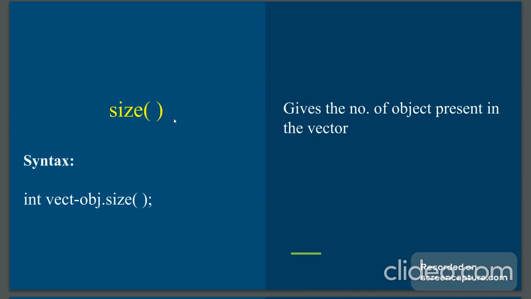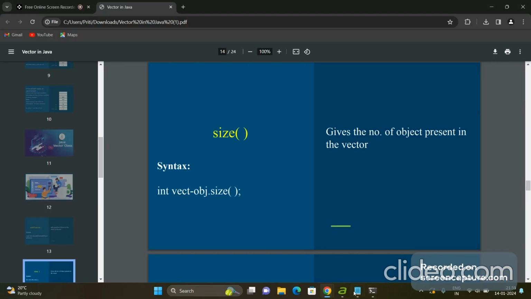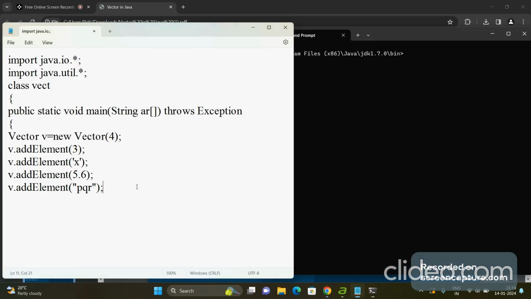Now suppose we will make use of these two methods to show the size and capacity. Suppose I want to display the size and capacity of this vector v. If I print capacity, meaning the maximum elements that can be stored, we will have v dot capacity.